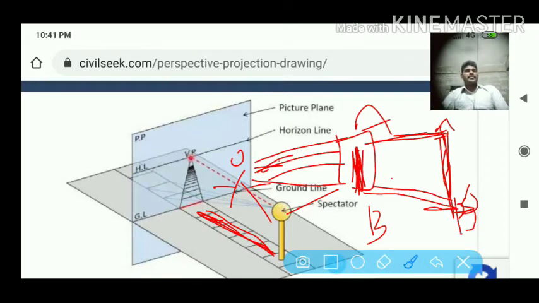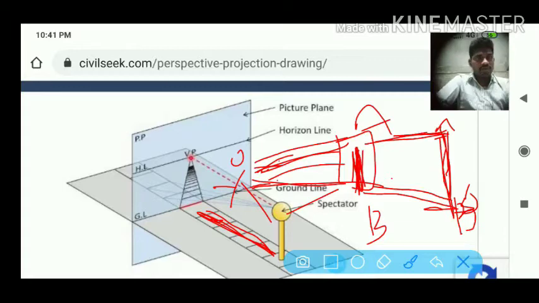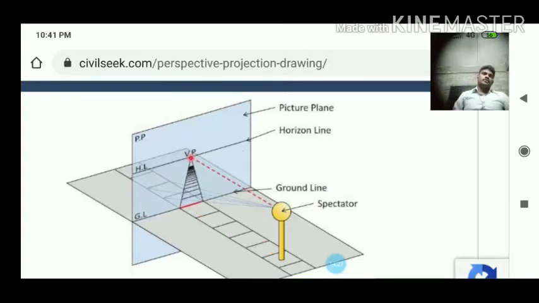Then from the viewer's point of view, from the center point, the spectator, all the lines are going to converge. I will show it here. The spectator is standing here, observing the object, and the same image is drawn on the screen.